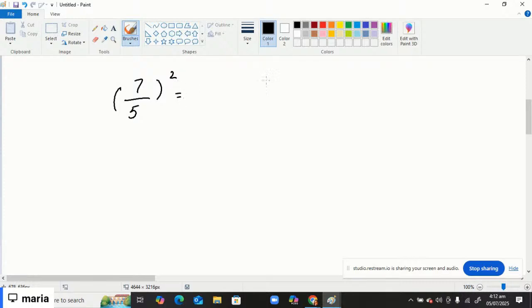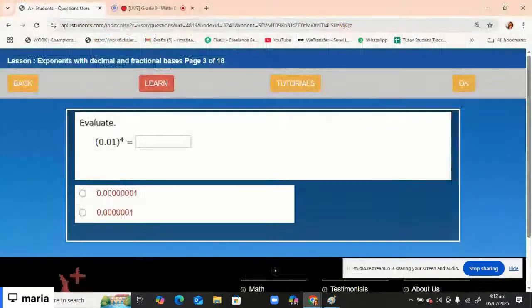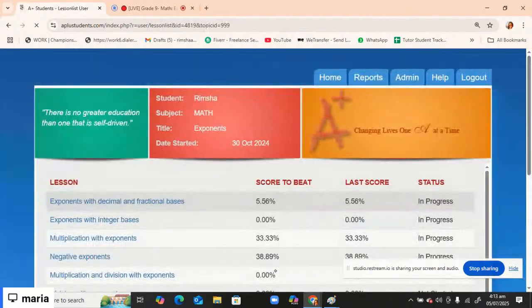So what does it mean? It means that 7 by 5 times 7 by 5. Multiply top numbers with each other, bottom numbers with each other. That is 49 over 25. And this is your right answer. Okay. Hope you guys understand this lesson. Now solve the rest of the test questions regarding this lesson by yourself. Okay.